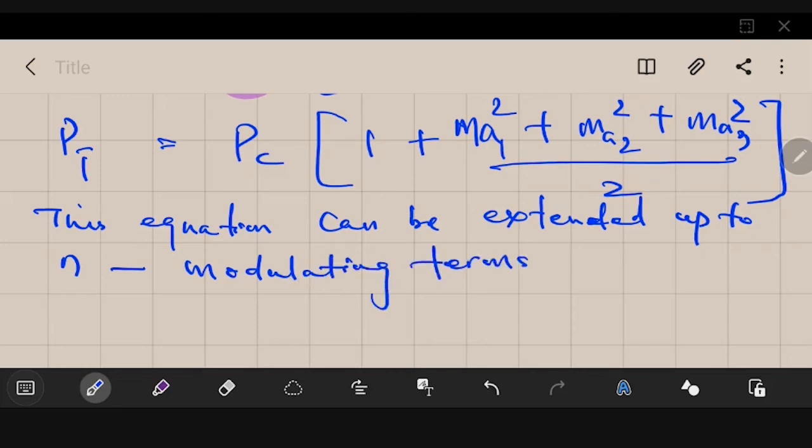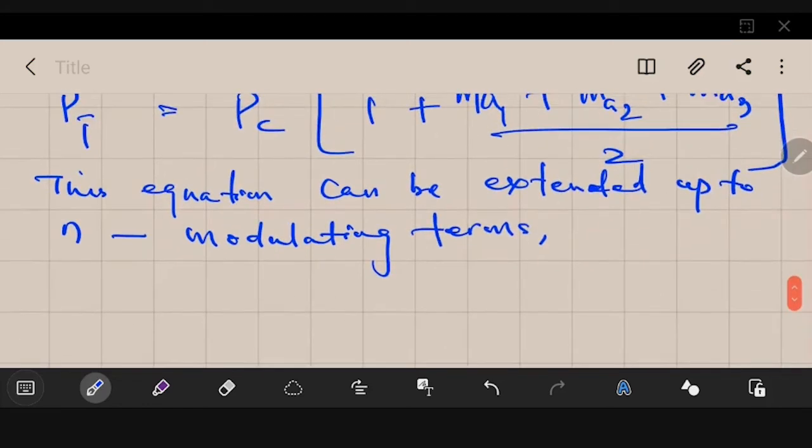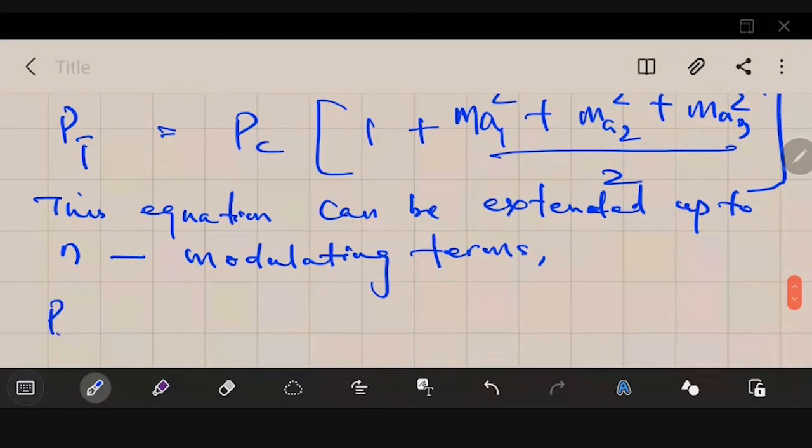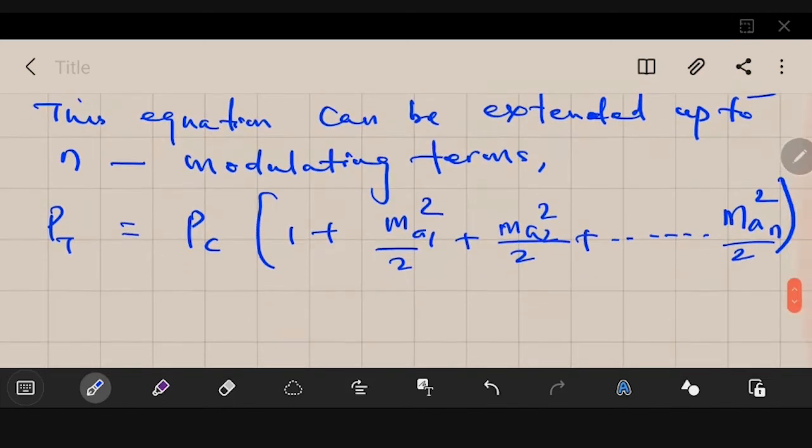So if you put n number of modulating terms, this expression will be changed to PT, or total power, is equal to PC into 1 plus MA1 square by 2 plus MA2 square by 2 plus dot dot dot dot. In this way, this will go on till MAn square by 2. So this will look like this.